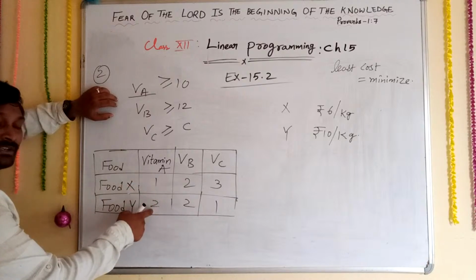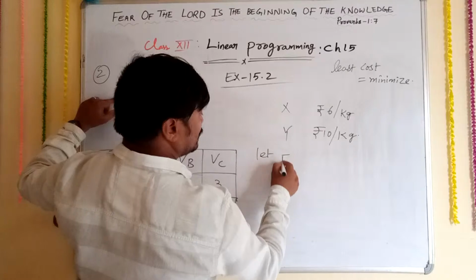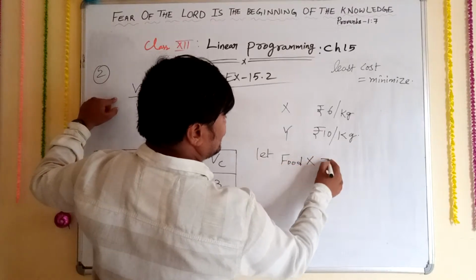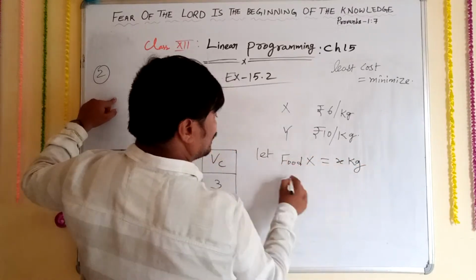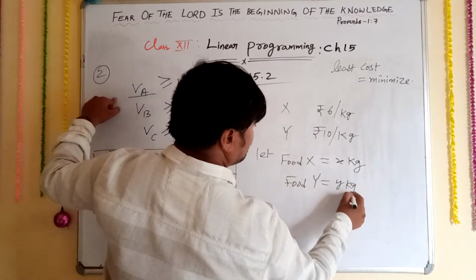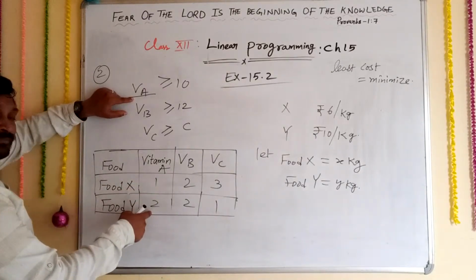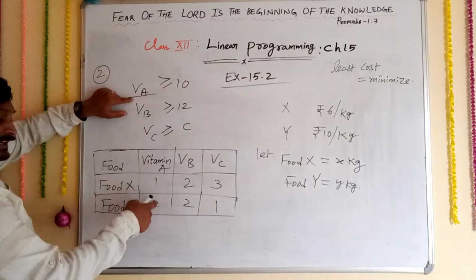Food X is X kg, food Y is Y kg. Now tell me vitamin A: food X is 1 and food Y is 2.